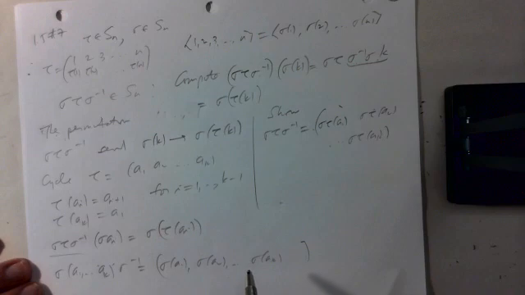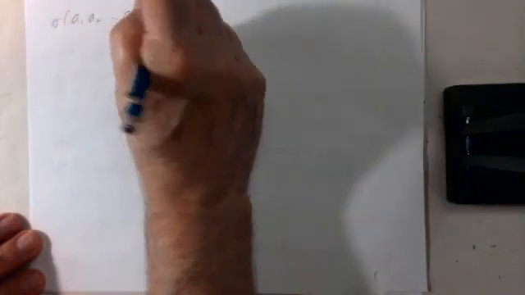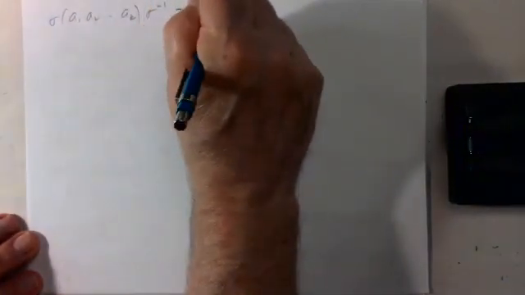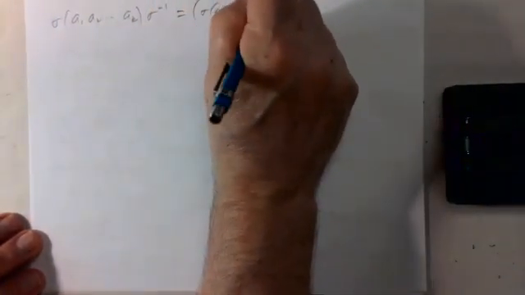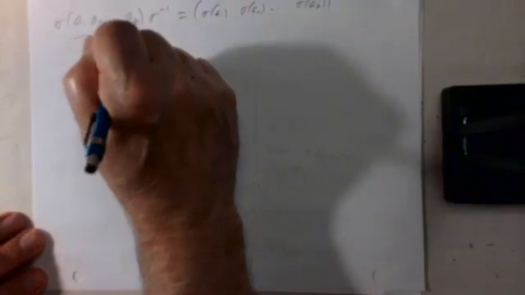Okay, so let me write this down freshly over here. Sigma (A1, A2 up to A sub k) sigma inverse equals (sigma of A1, sigma of A2 up to sigma of A sub k). That this k-cycle gets sent to this k-cycle.